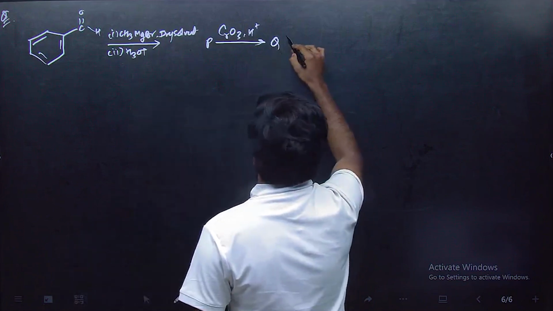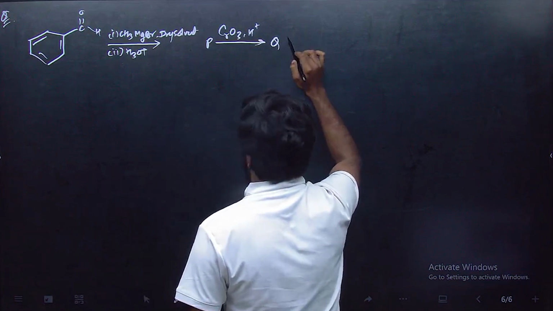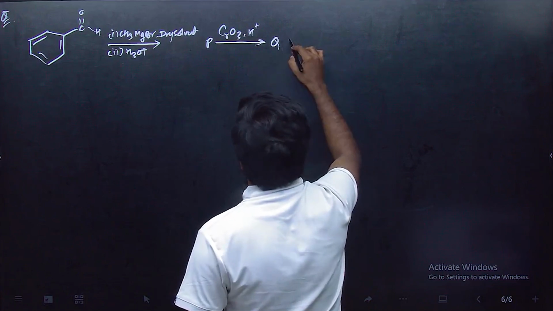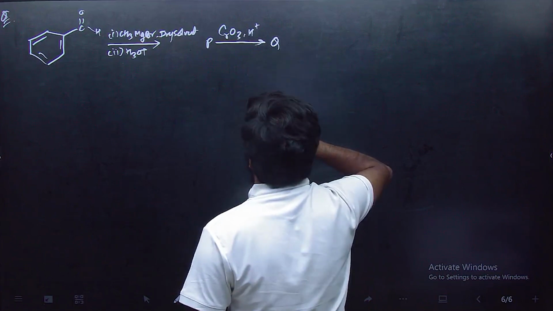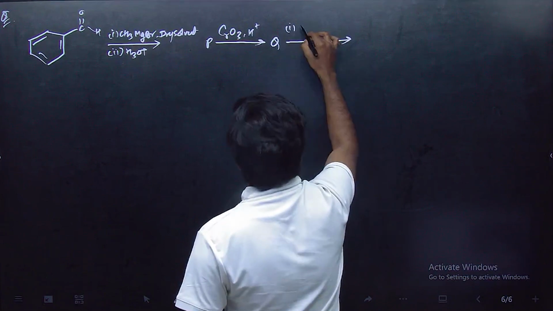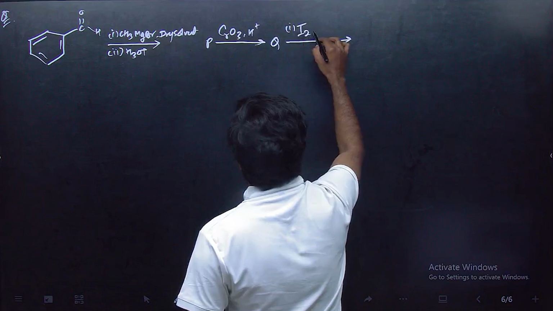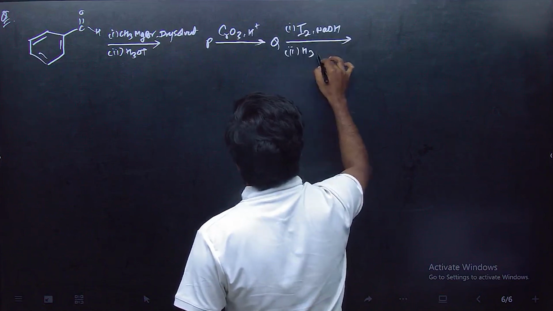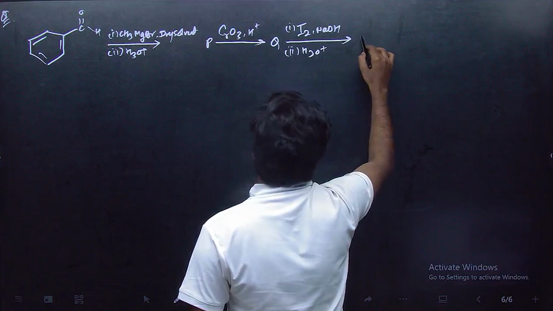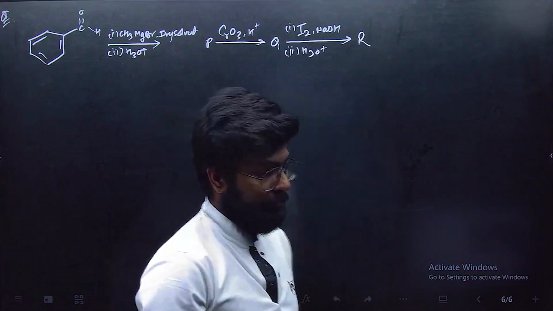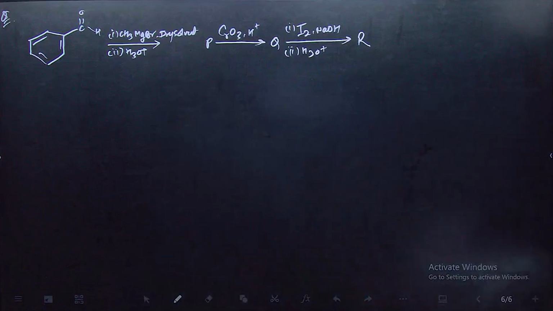Okay, CrO3/H plus, you get this, and then if you do something which is again very, very important, you get R. Even I am not sure I have made the right question or not.